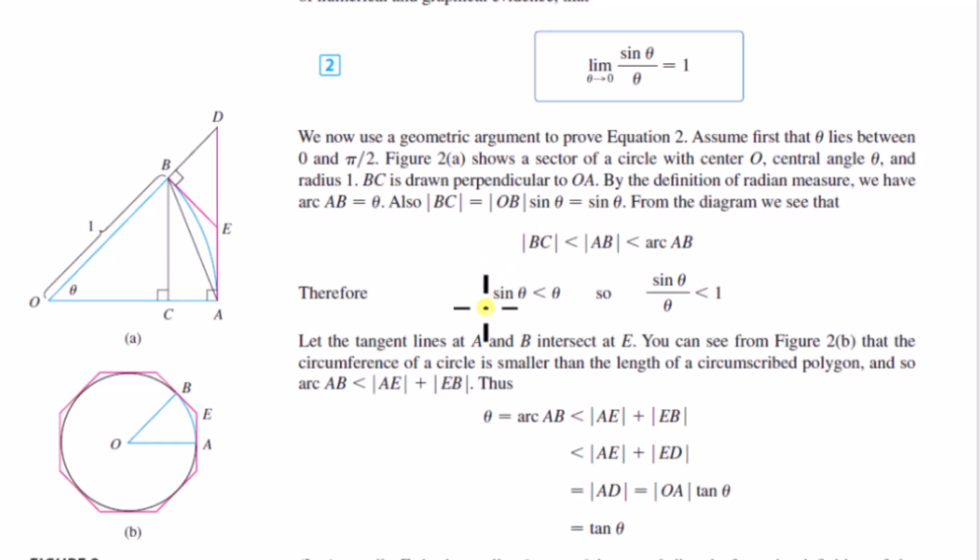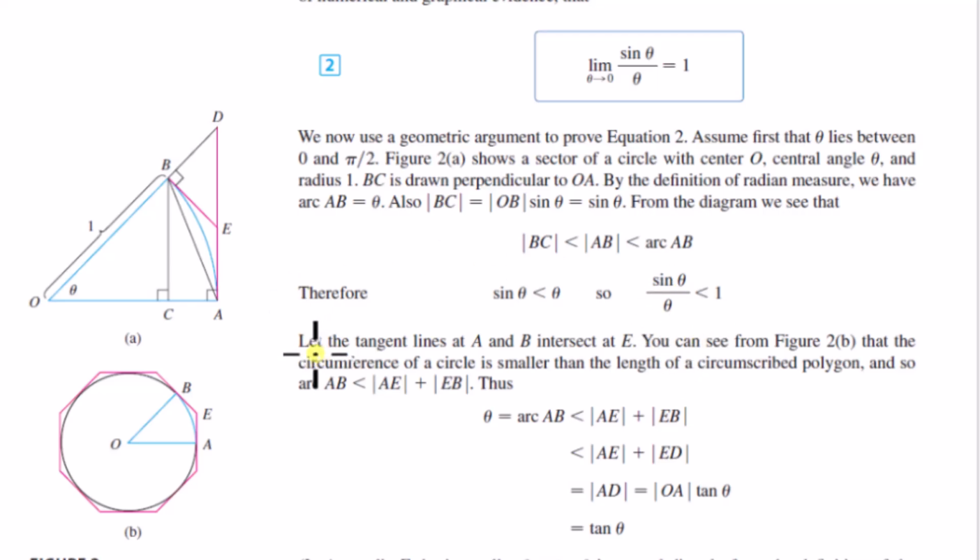So you have sine theta is less than the length of arc AB, which is just theta. If you divide both sides by theta, which you can do because theta is always positive between 0 and pi over 2, you're not going to have to flip the inequality. So you get sine of theta over theta is less than 1.